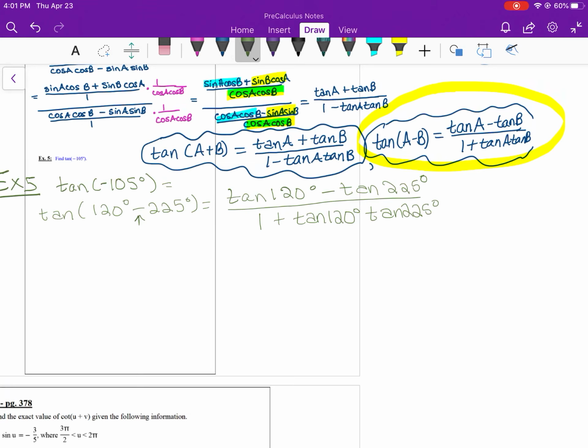So it's just 225 that you put in right there. All right, what's the tangent of 120 degrees? I believe that's going to be negative radical 3. And then tangent of 225 would be positive 1. So minus 1, subtracting a positive.